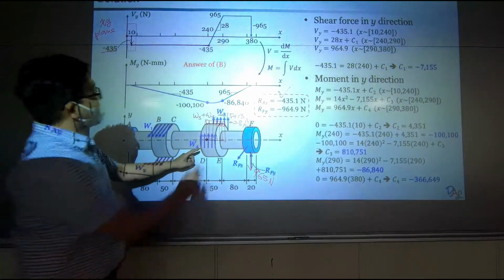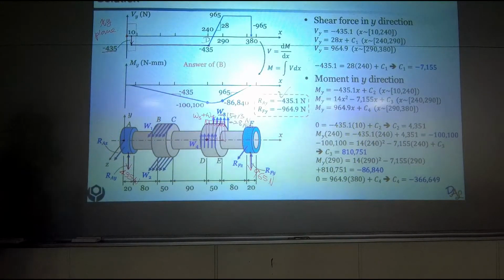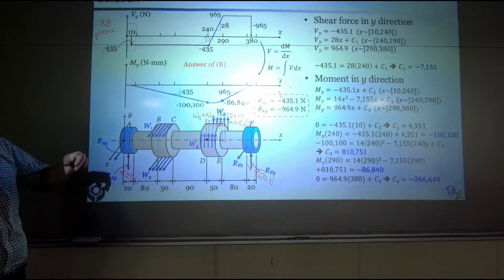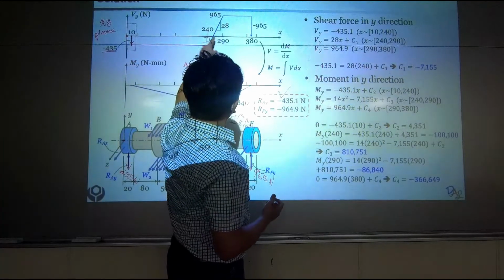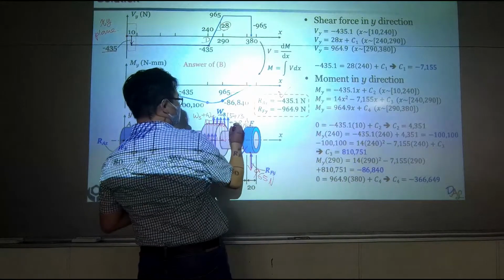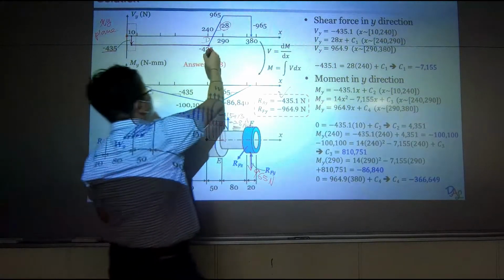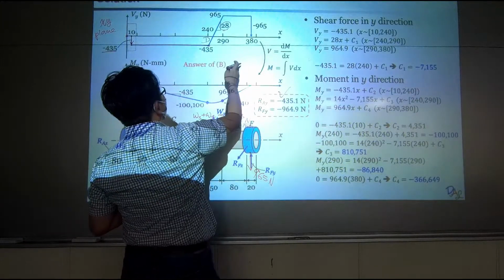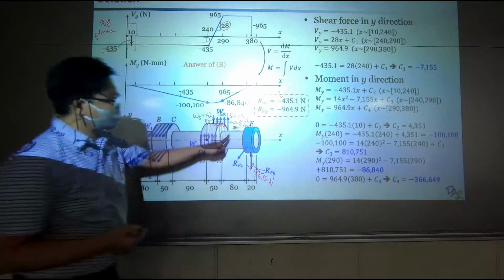So this is at the position of D. And since it's a distributed load, it will pull up this diagram little by little, and the slope of it is 28. So every millimeter it goes, the pulling force increases by 28.